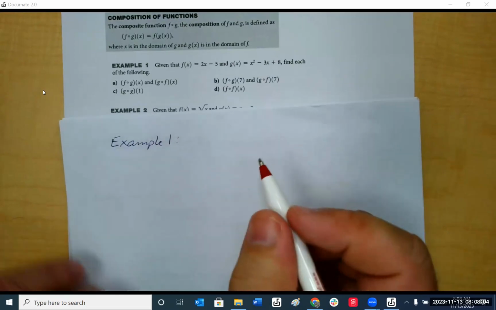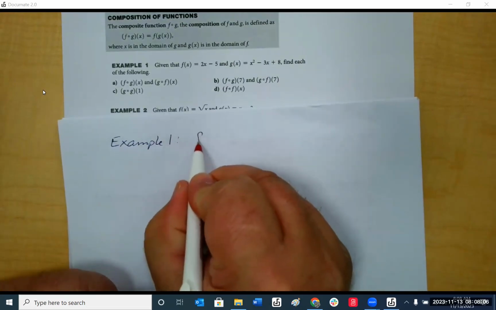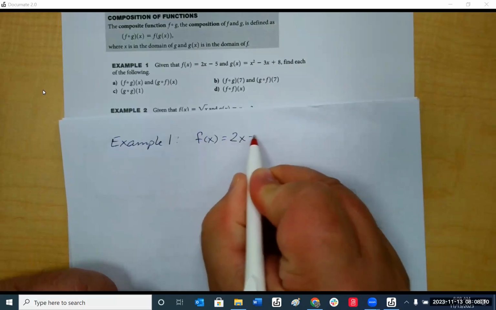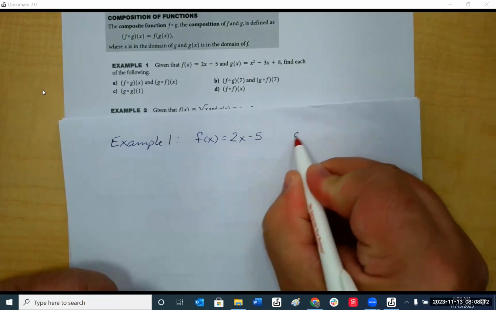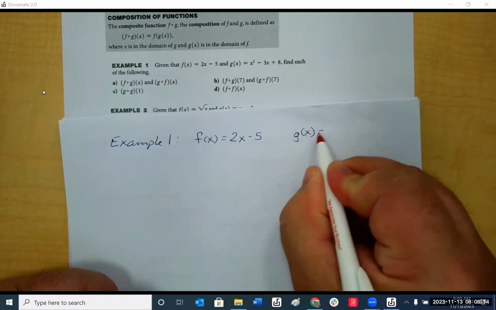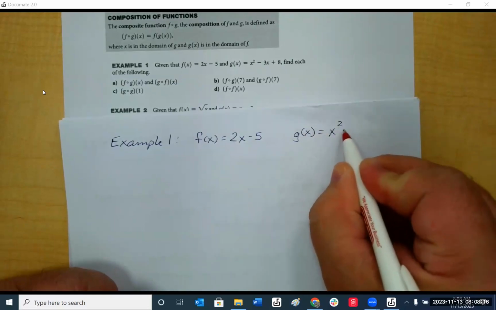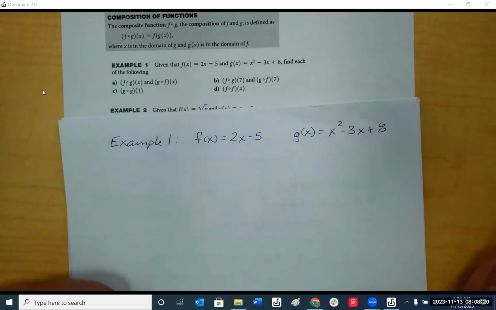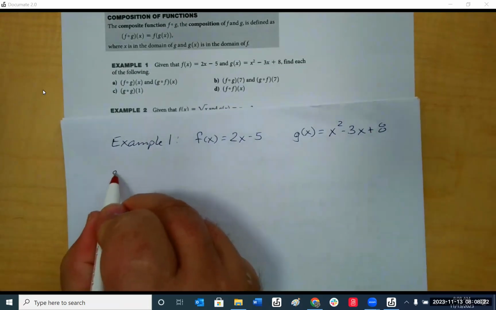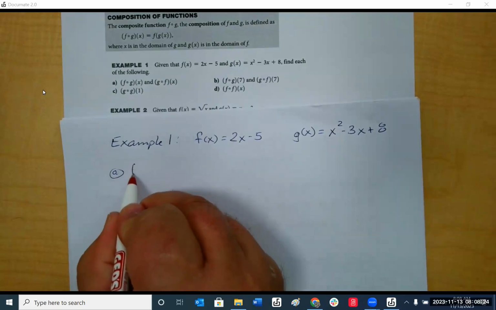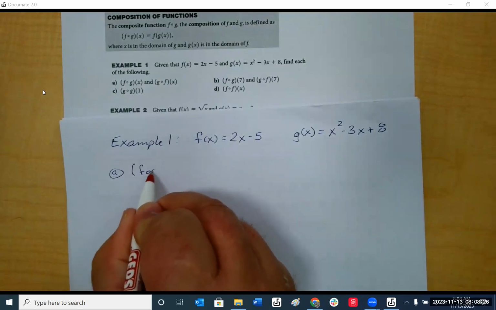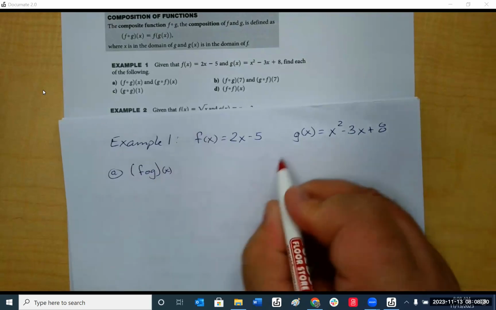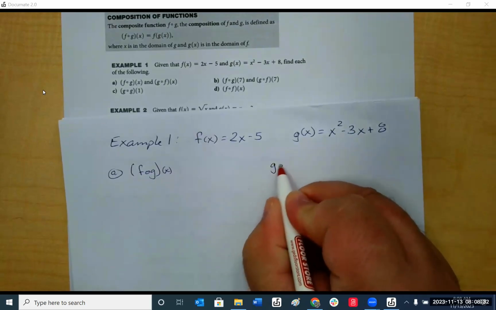Example 1. So f of x is 2x minus 5. G of x is x squared minus 3x plus 8. Find the Fogg, and then also find the Gof.